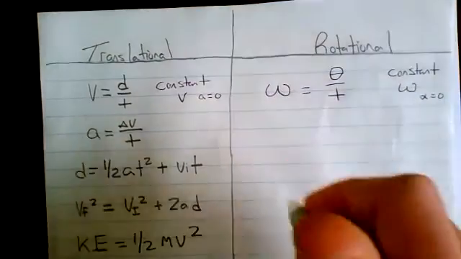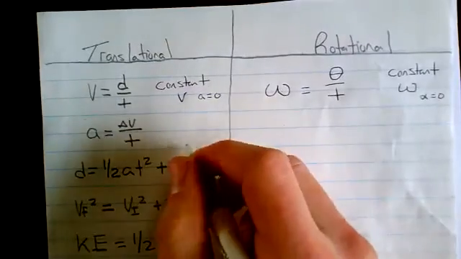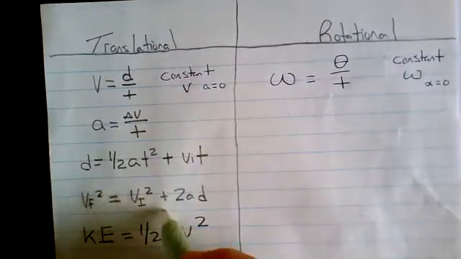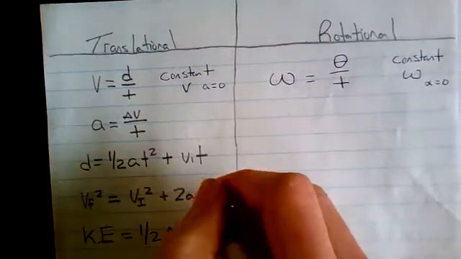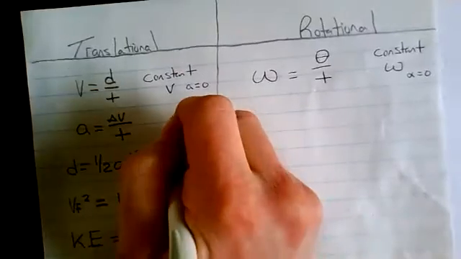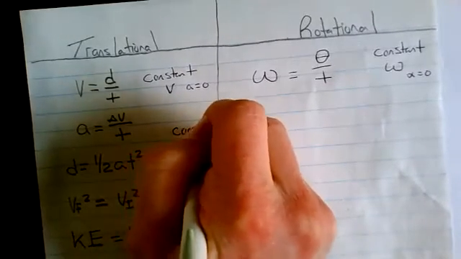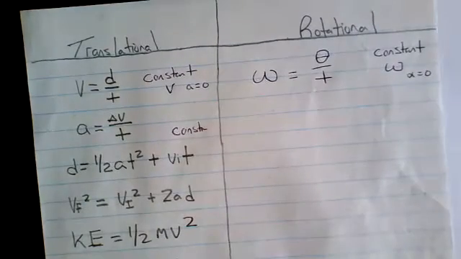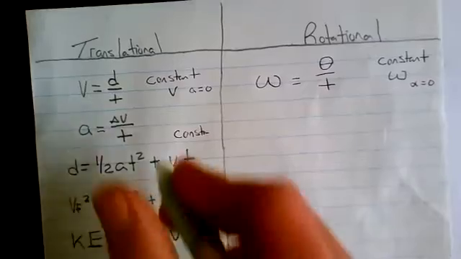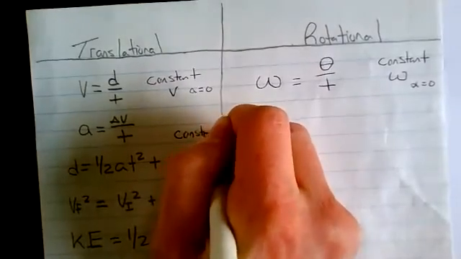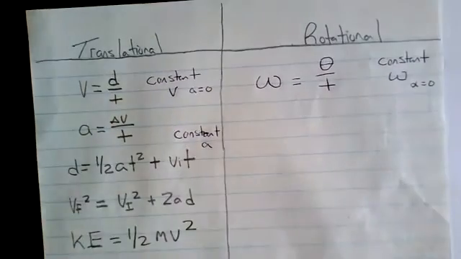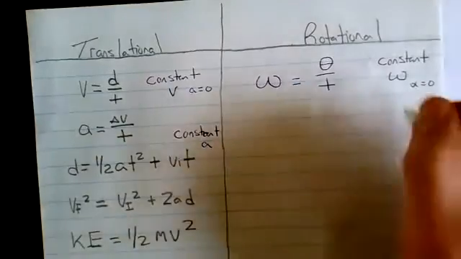Let's continue. Our next 3 equations can all be grouped together. If you remember the context of these equations, these were all constant acceleration equations. So what are these going to be?